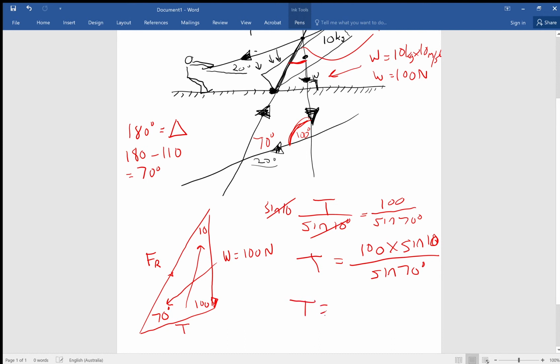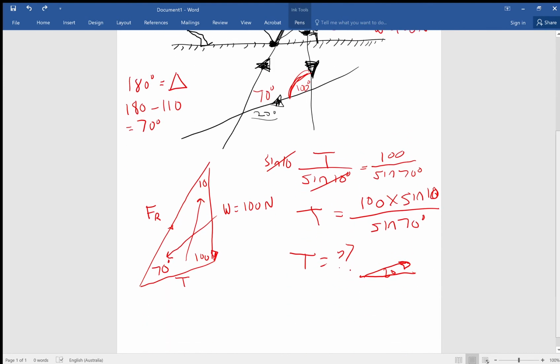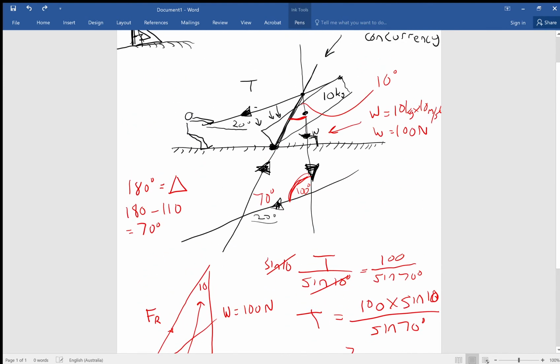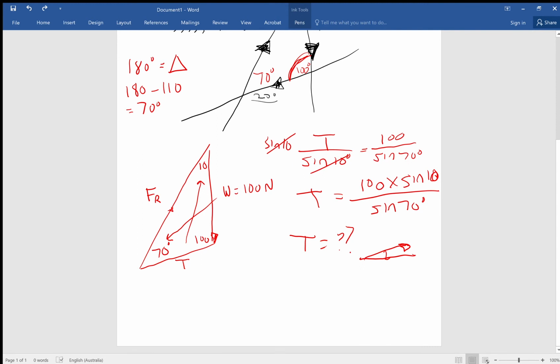So T will equal however many newtons that equals, and for the direction, you just remember the tension was 20 degrees from the horizontal. I just might try and write that a little bit more neatly than that.